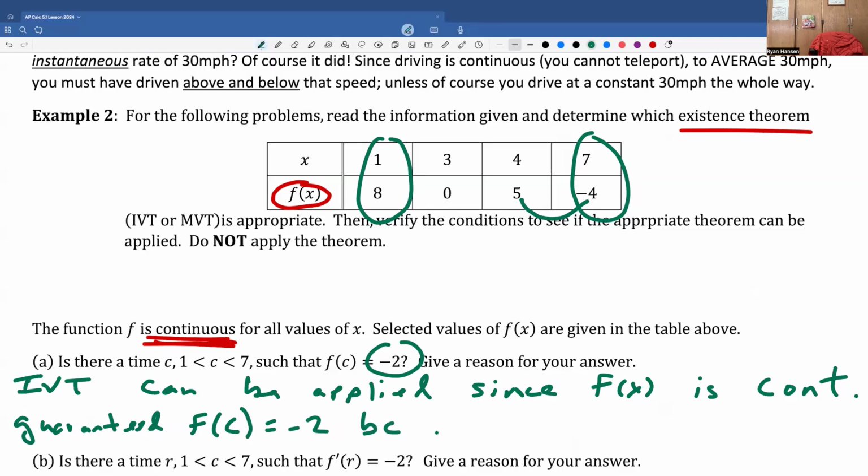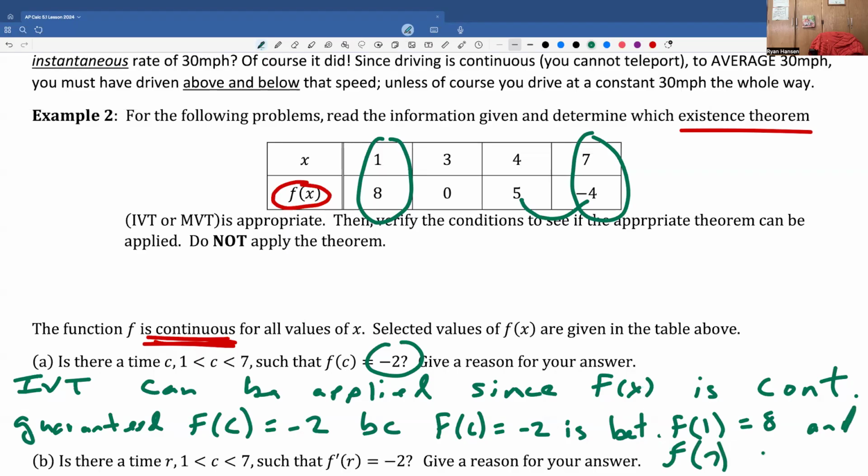Yeah, because f of c equals -2 is between, what? f of 1 equals 8 and, okay, I think that's very thorough. Is that good? Full points. That's a beaut.